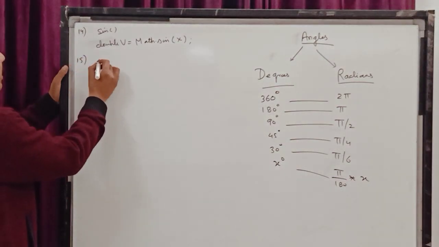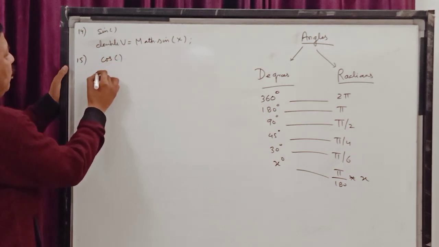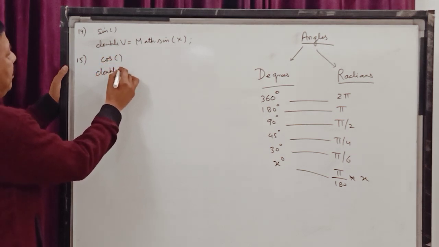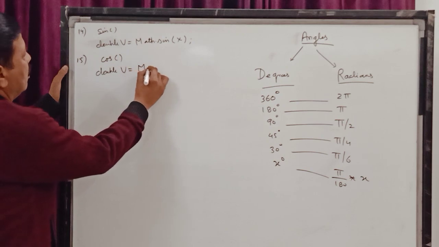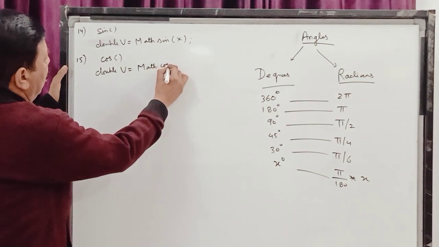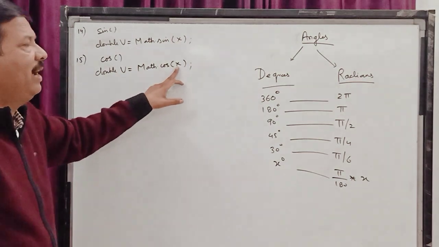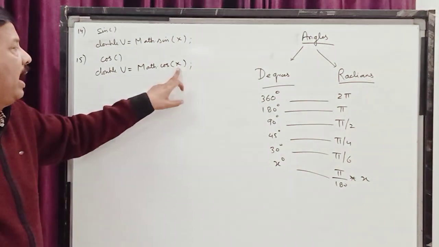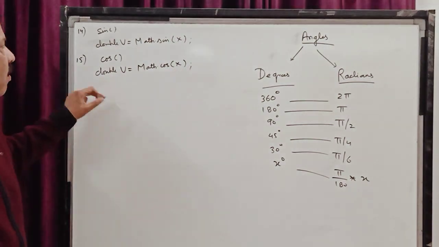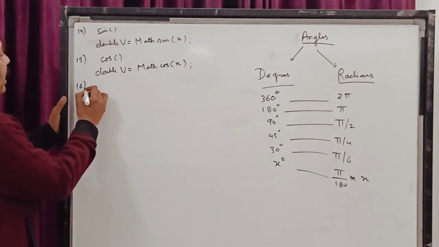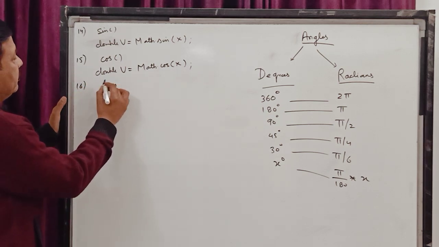The next function is cos. The same thing applies over here. double v is equal to Math.cos(x). This function returns the cosine of an angle x measured in radians, and it returns a double value. The next function over here is tan.